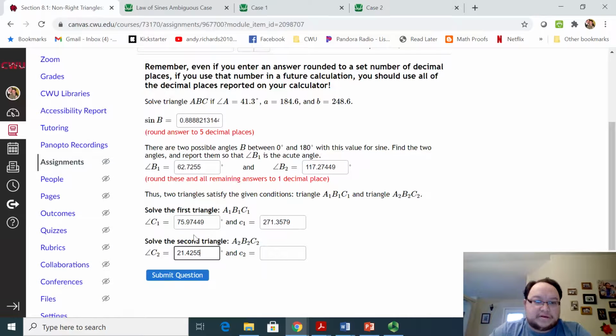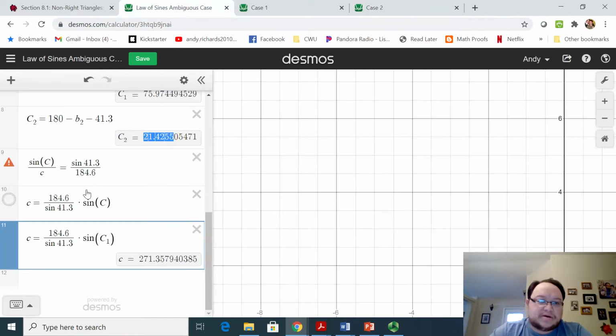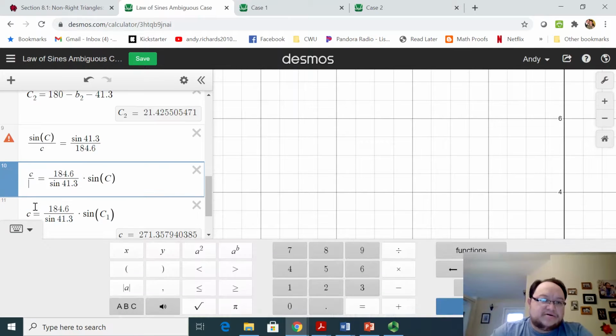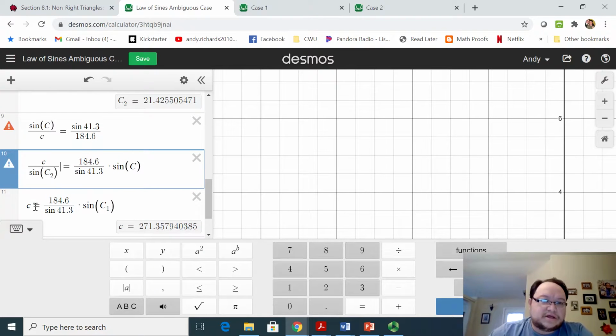So that's this. And then C sub 2, if we were dealing with this case, would mean that we would have the same scenario where we have this sine of C, but instead what we have is C over some sine of C sub 2 that we're dealing with there.